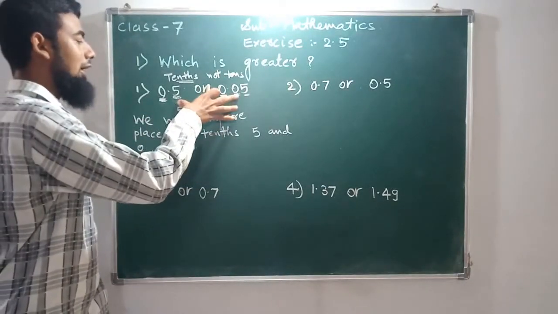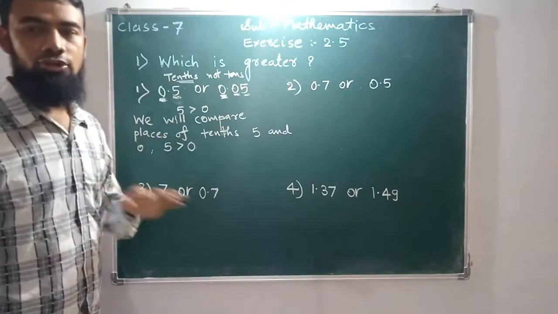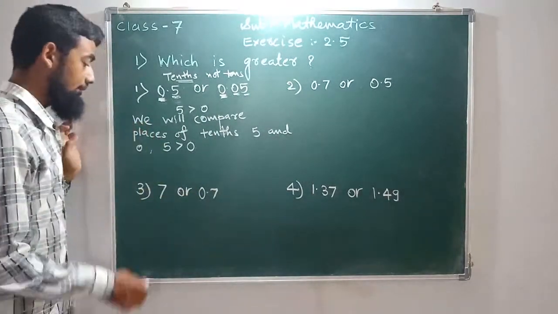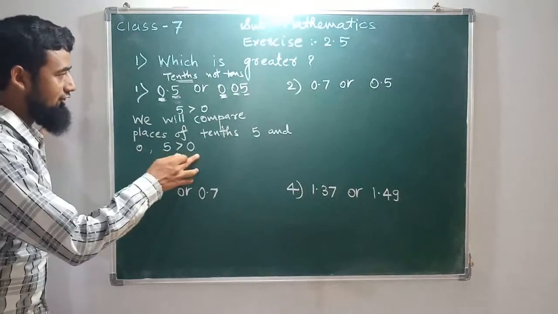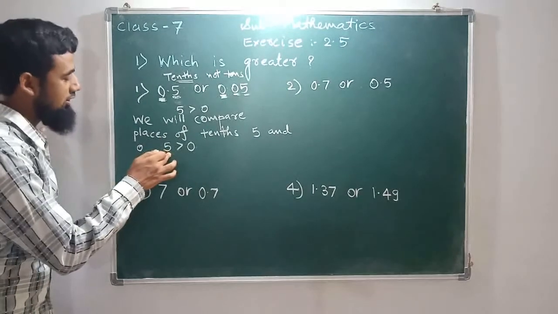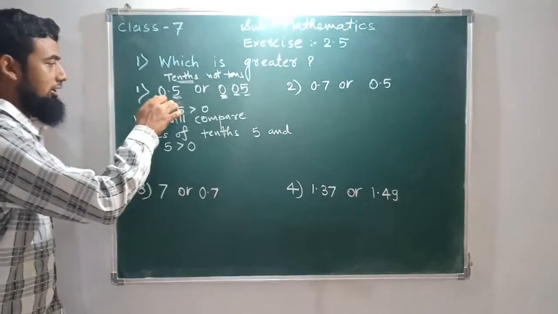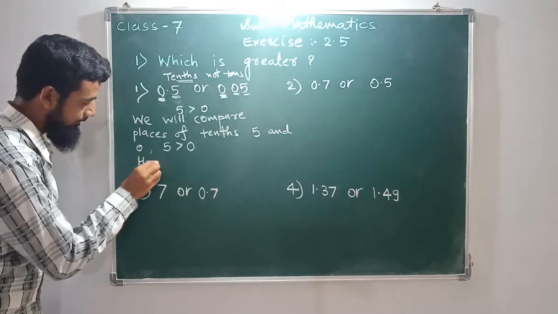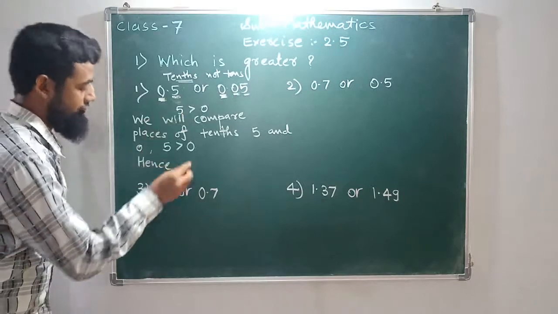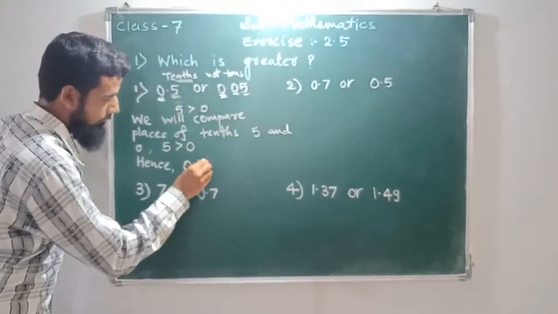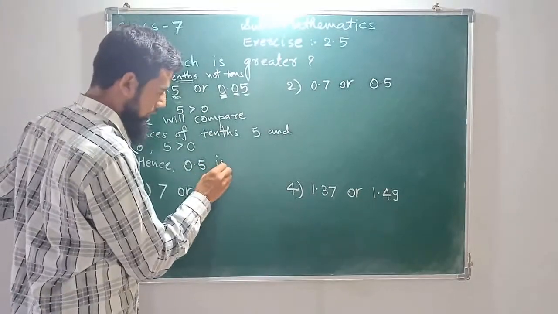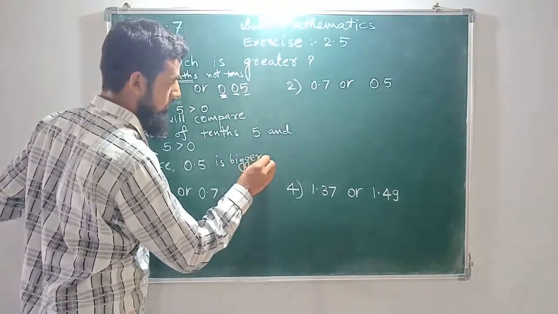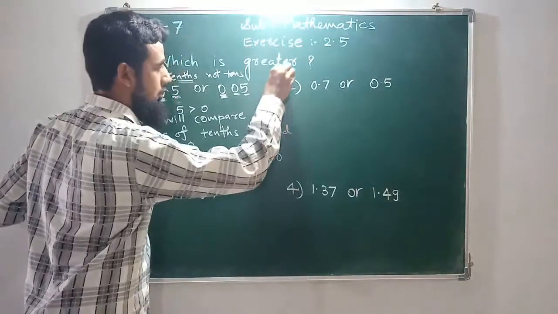But here you got the answer, so there is no need to move to further places of value. So 5 greater than 0. So which number is bigger? 5. Hence 0.5 is the bigger number.